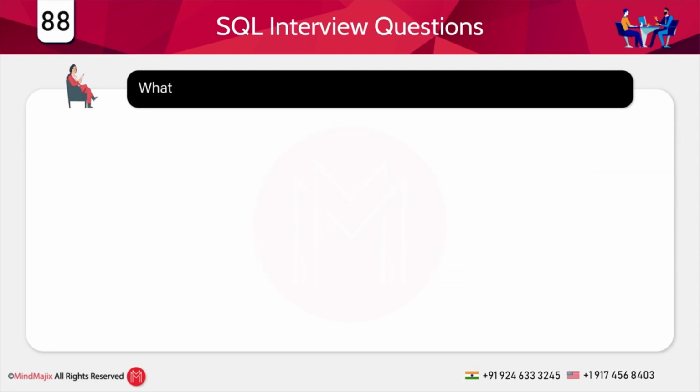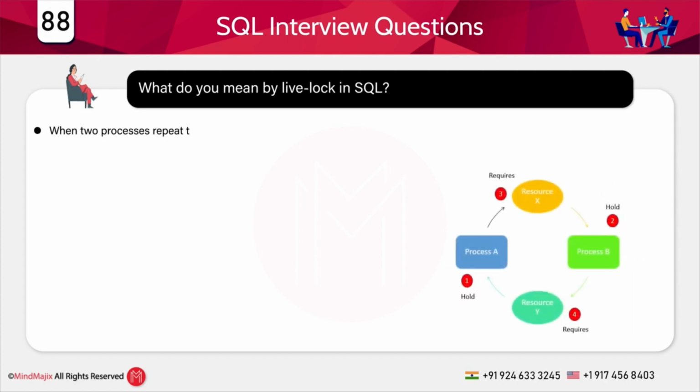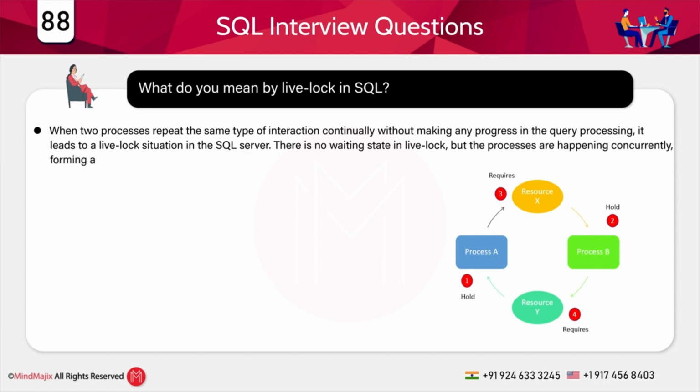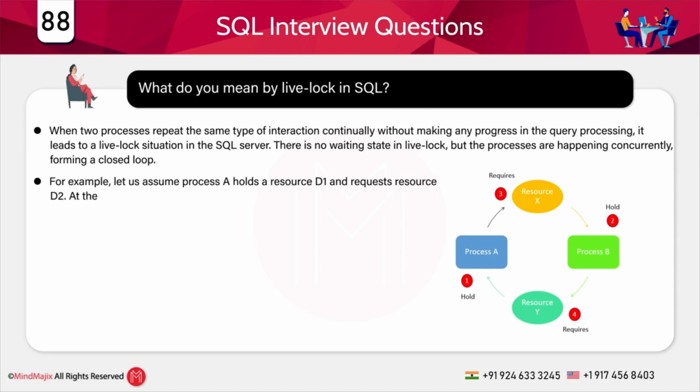The next question is, what do you mean by live log in SQL? When two processes repeat the same type of interaction continuously without making any progress in the query processing, it leads to a live log situation in the SQL server. There is no waiting state in live log, but the processes are happening concurrently, forming a closed loop. For example, let us assume that a process A holds a resource D1 and requests a resource D2.